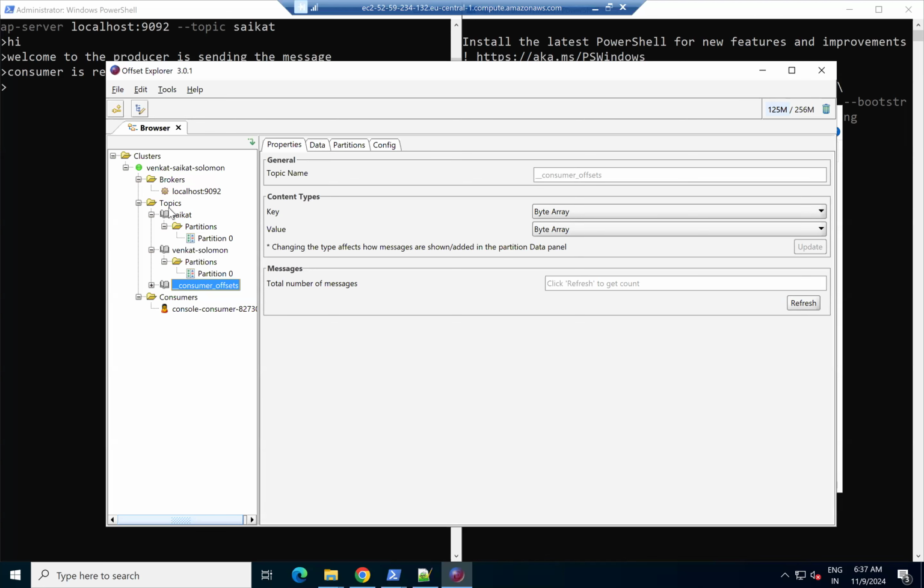Any questions now? Still any more? Hello, Vishwas. Yes, please. I do have one question actually. What is the difference between Apache Pulsar and Kafka? Hello?